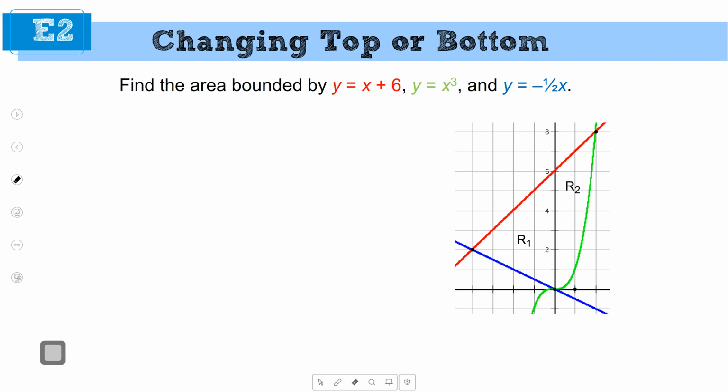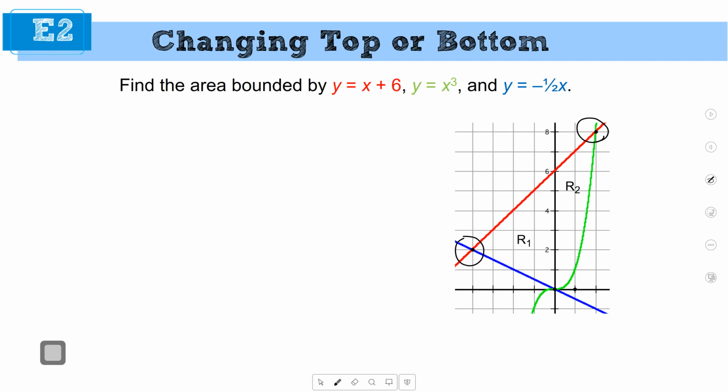Notice I didn't give you those points. Uh-oh, got to do a little bit of work. How do you find that point and that point? You could look at the graph, assuming that I graphed it correctly. Set the equations equal to each other. Beautiful. You won't always be given a graph.